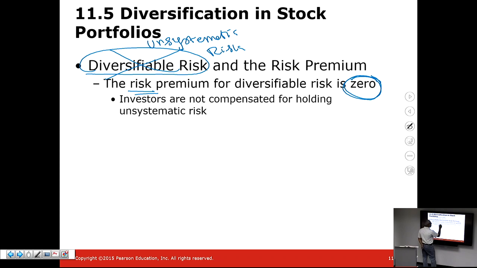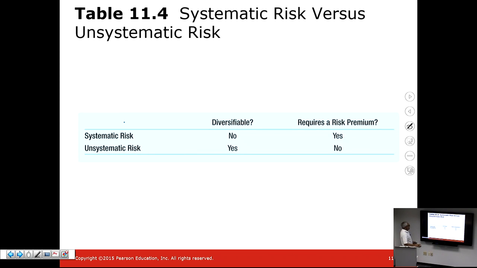So investors are not compensated for holding unsystematic risk. So if your portfolio has unsystematic risk, you will not receive any additional reward. The market will not reward you for it. If you diversify properly, then you should be able to eliminate all of the unsystematic risk. So unsystematic risk is diversifiable, and thus there is no risk premium.